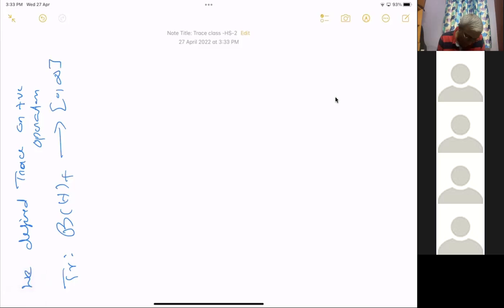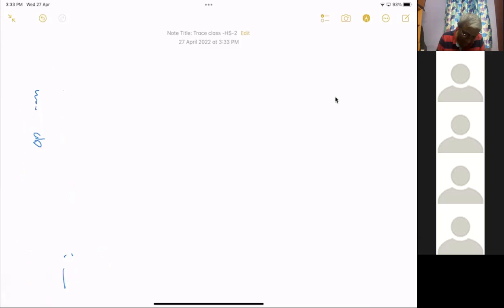Then we defined B1(H), trace class operators. Oh, sorry, I will erase it. One second. Yeah, it should be like this. Now it should be okay.